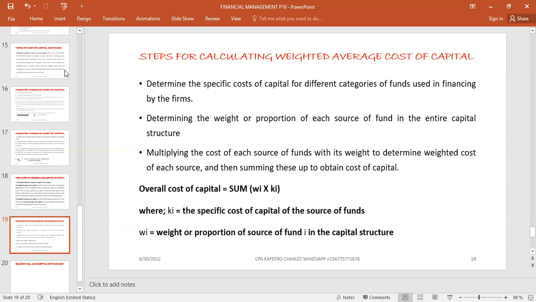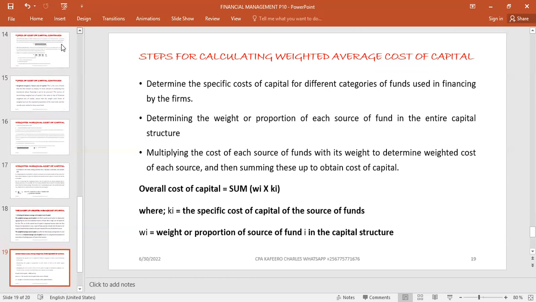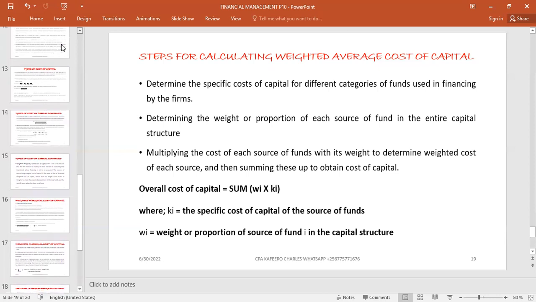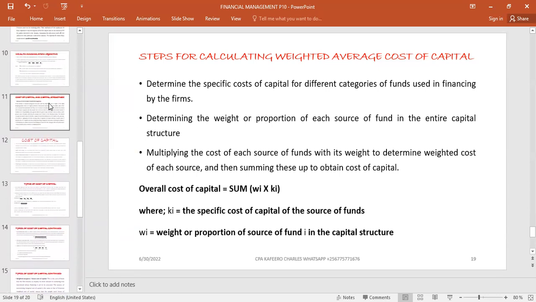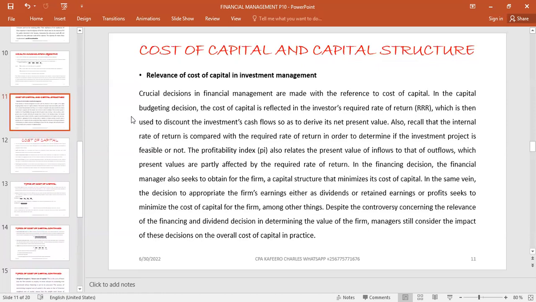That's why from the beginning we compared the internal rate of return with the required rate of return.